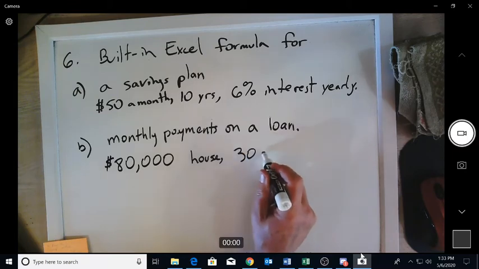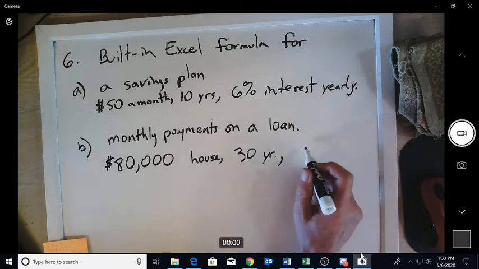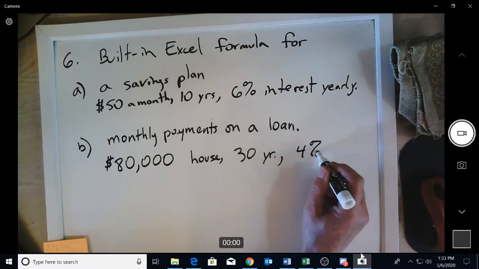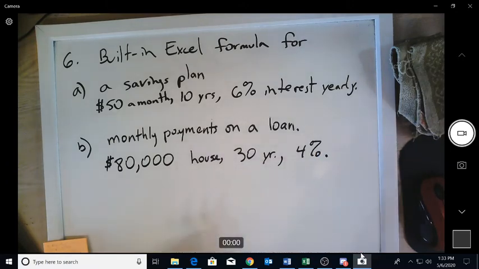Let's say it's a 30-year mortgage. Suppose your interest rate is 4%. Go into Excel, figure those values out, and then once you get a value, come back into your group and say what number you got for each of these. And if you're not agreeing, maybe you can try to work it out and figure out who's right.